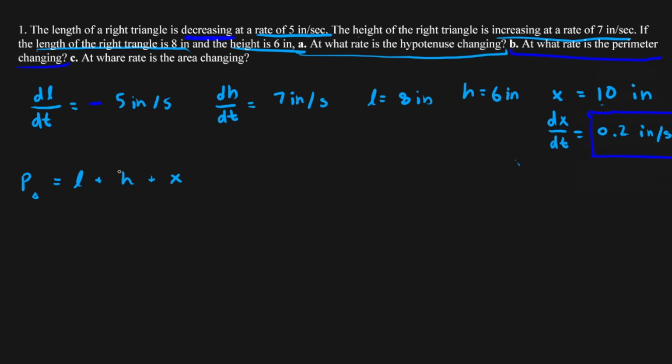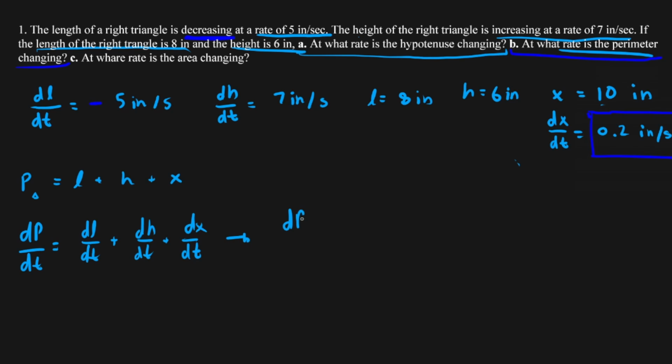So let's take the derivative, because we're trying to find the rate at which the perimeter changes, so we need to take the derivative of both sides with respect to time. So we're going to have dP/dt equals the derivative of L with respect to time, it's just dL/dt, plus H is dH/dt, and for the hypotenuse, it's dX/dt. And we know all these values, so let's plug them in.